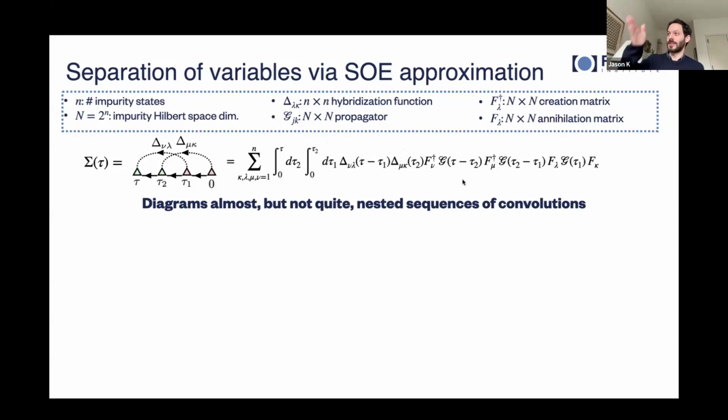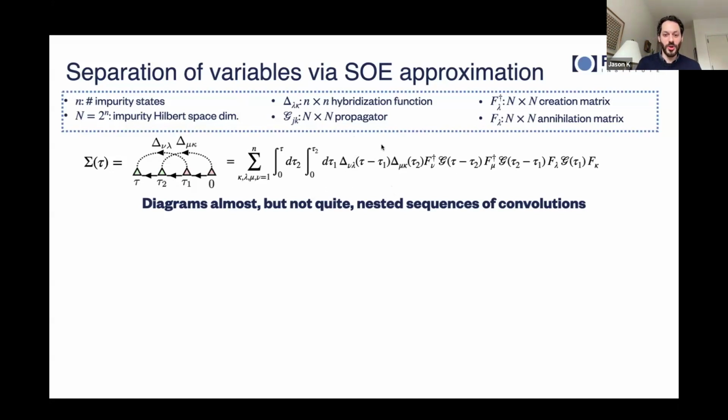It would be a sequence of two convolutions, okay? And we can do convolutions efficiently using the DLR. For higher order diagrams, if you get rid of the hybridizations except the one connecting to 0, which is okay because it only depends on one time variable, then your mth order diagram completely decomposes into a sequence of convolutions again.